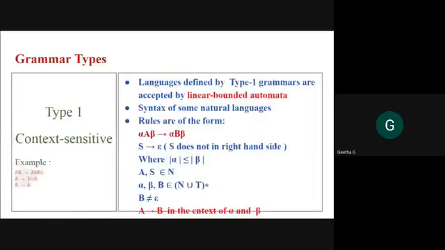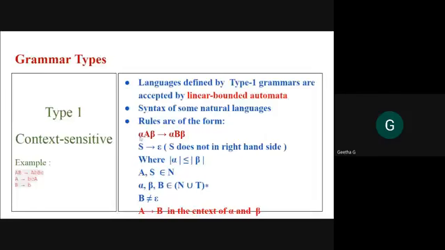And now I am going to type 1. It is the context sensitive grammar. Why is it context sensitive? See here, it is very easy to understand. You can say that A is rewritten as beta, right? But only in the presence of a prefix alpha and a suffix beta, you can replace A by B. So with the context, it will be replaced.